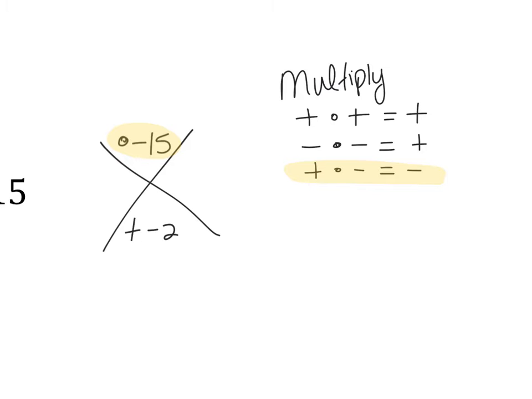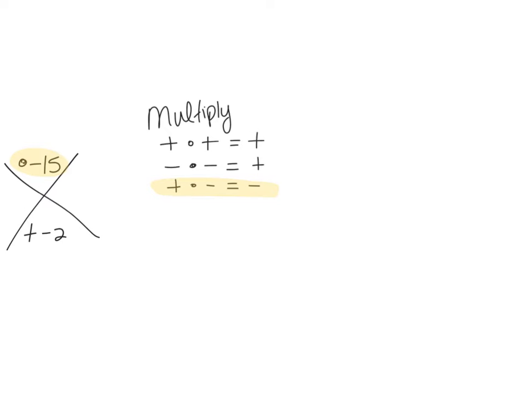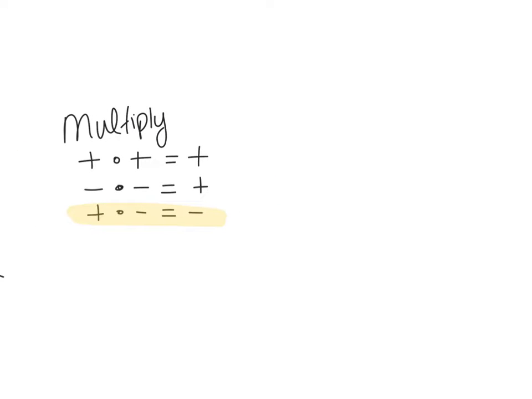All right. So the next thing, whenever you are adding, let's write this down too. If you have a positive plus a positive, that's obviously going to be a positive, right?